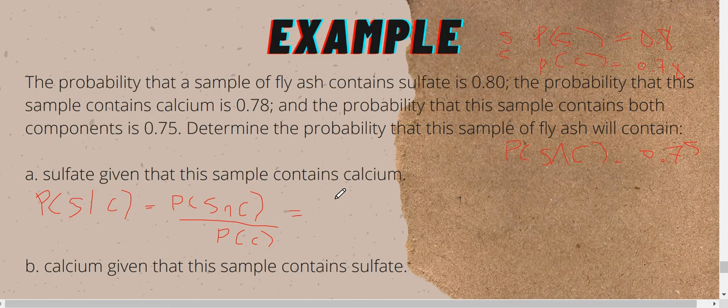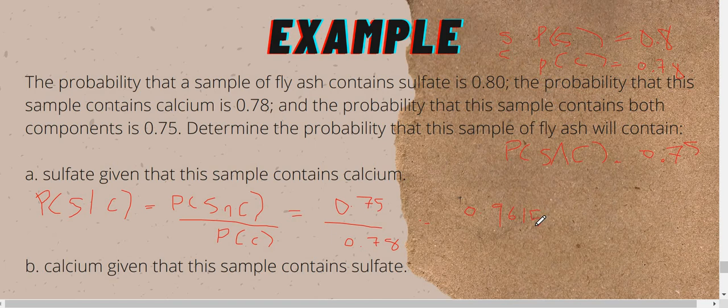So P(S intersect C) gives you 0.75, and the probability of calcium is 0.78. Then you simplify using a calculator, and the answer will be 0.9615. If you have a decimal, you may write the decimal point.